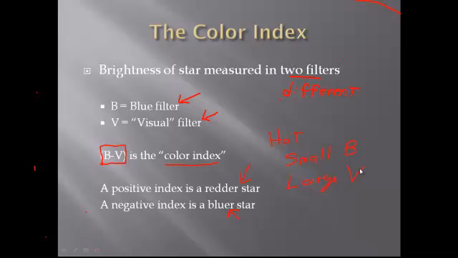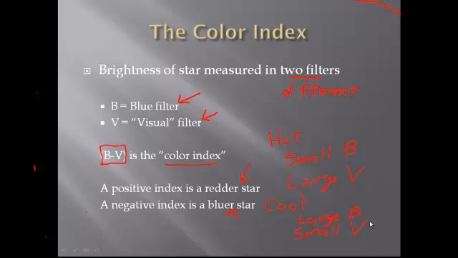Conversely, if we look at a cool star, we would have a large value for B, meaning less blue light, and a small value for V, meaning more visual light relatively. So we're going to be taking a large number minus a small number and get a positive index for that star.